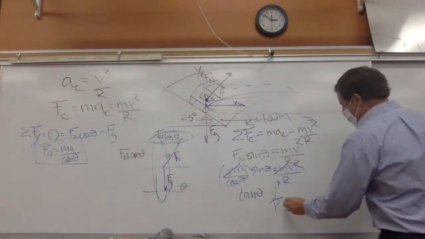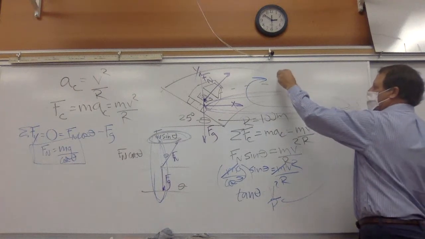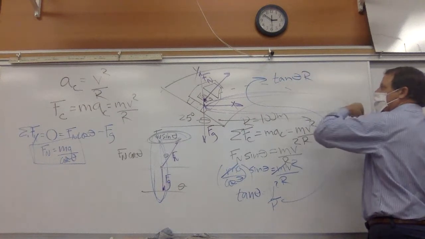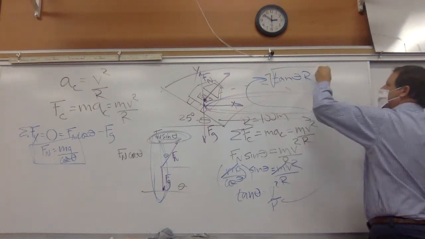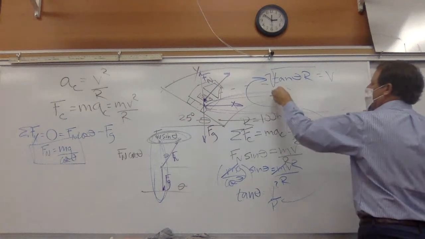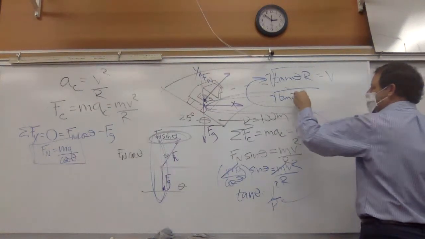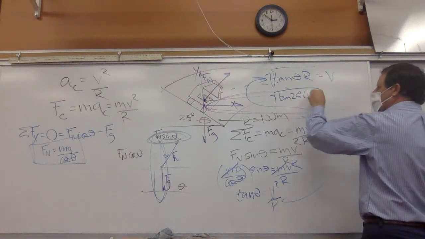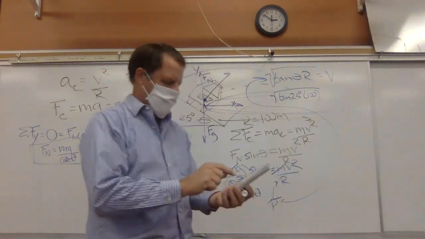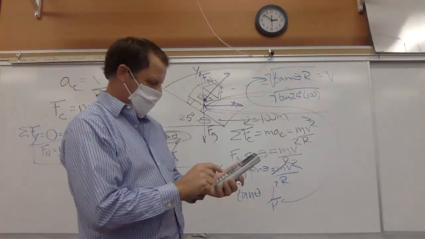So we're just going to put these up here so we can see it a little bit better. And so now we can say the square root of tangent theta times r is equal to our velocity. All right. So now in our question with numbers, we're going to say the tangent of 25 degrees times 100, and then we're going to take the square root of that.